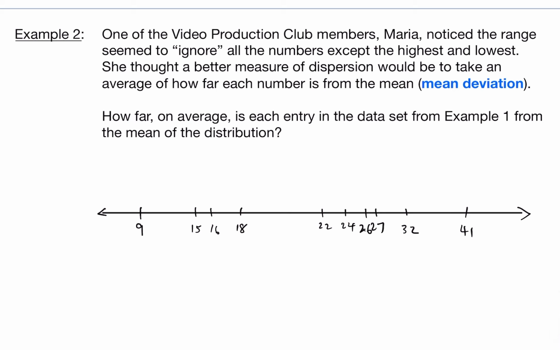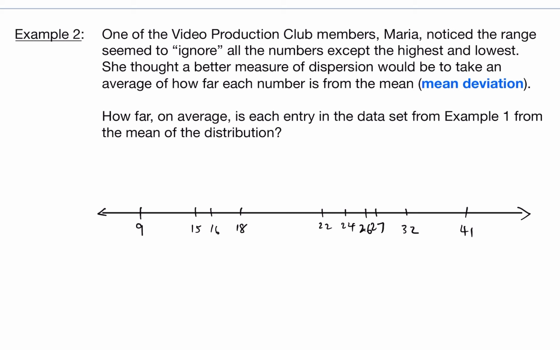Here we've got one of the video production club members, Maria. This example is related to the previous example. The member noticed that the range seemed to ignore all the numbers except the highest and lowest, which is true. We ignored all the other values, so we want to know what's going on with those data points as well.